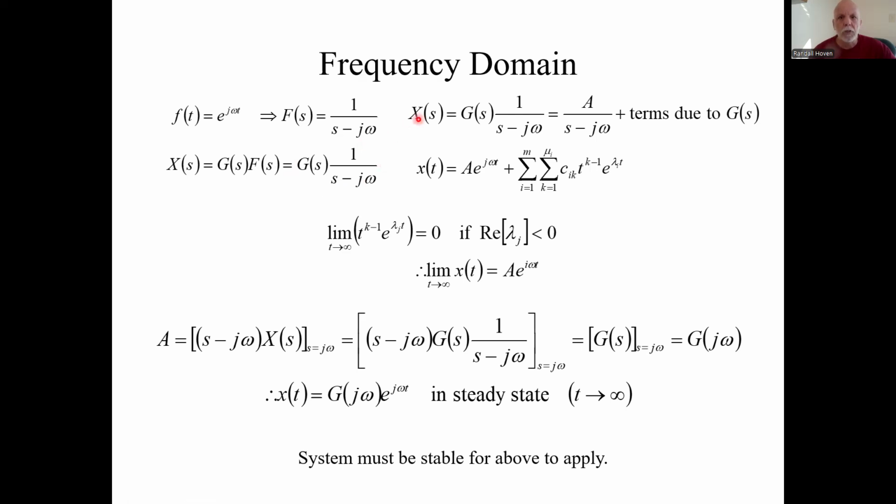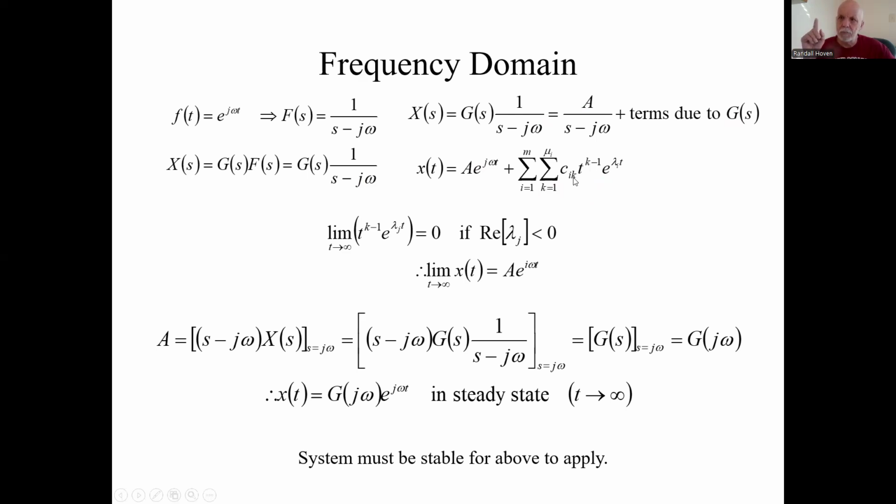Going from there up to here, if you use partial fraction expansion, it would break down to A over s minus j omega plus a bunch of terms that are due just to the transfer function. When you translate this back into the time domain, you get this. This comes from that first term, and then all these mode functions, this linear combination of mode functions, come from the rest.